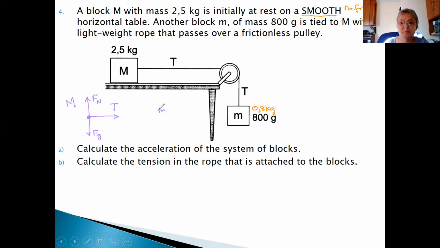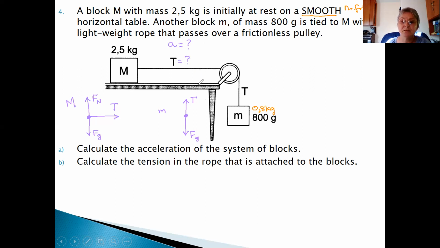On little m, we have a gravitational force that will have an effect on its motion, and T will be going upwards in the string. So we have two unknowns. The acceleration is unknown and the tension is unknown.